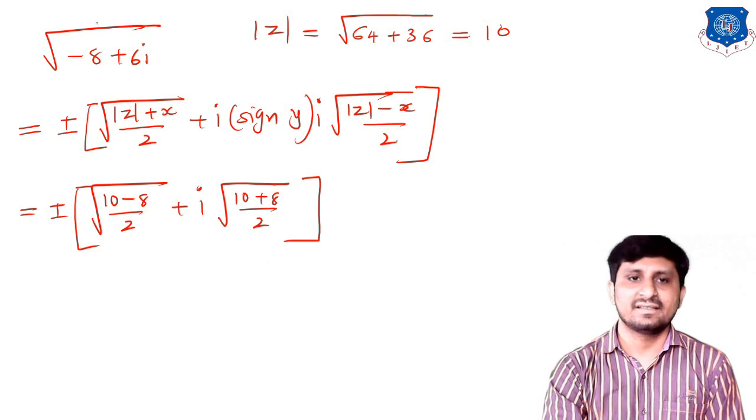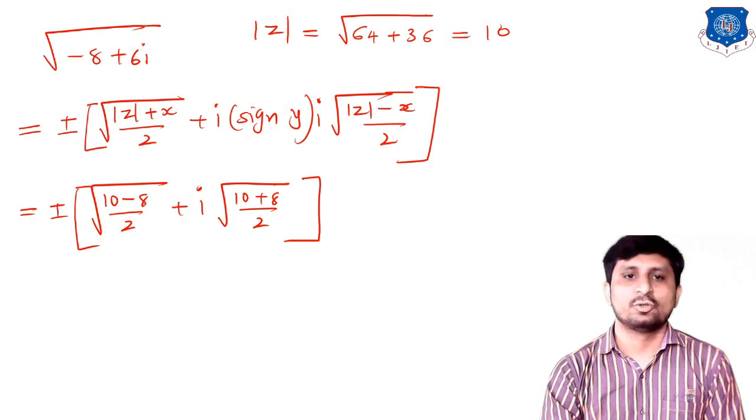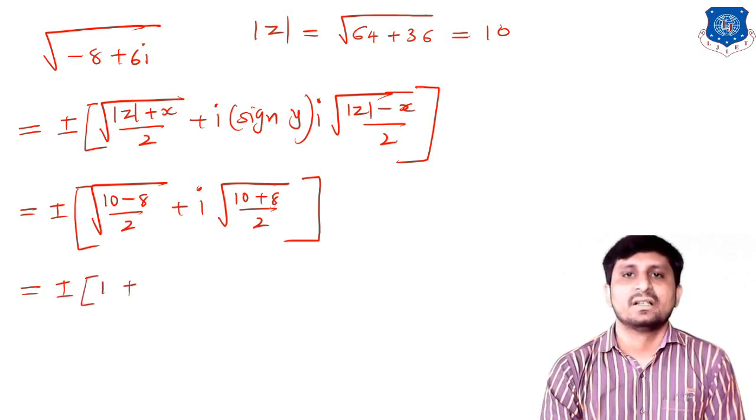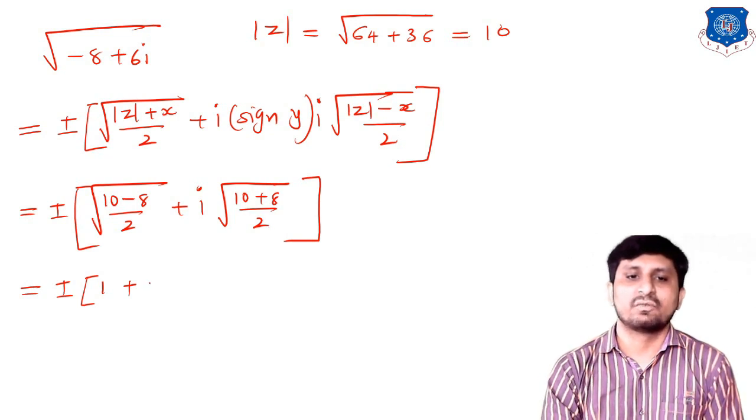So 10 minus 8 is 2, divided by 2 is 1, square root of 1 is 1. Here 10 plus 8 is 18, 18 by 2 is 9, and square root of 9 is 3, so plus or minus 1 plus 3i.